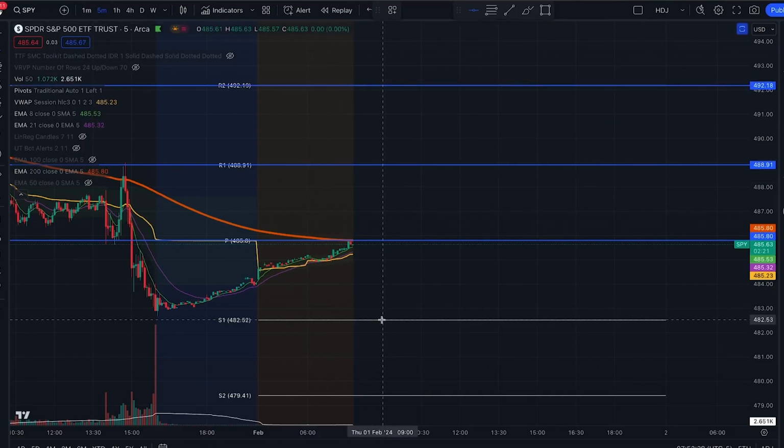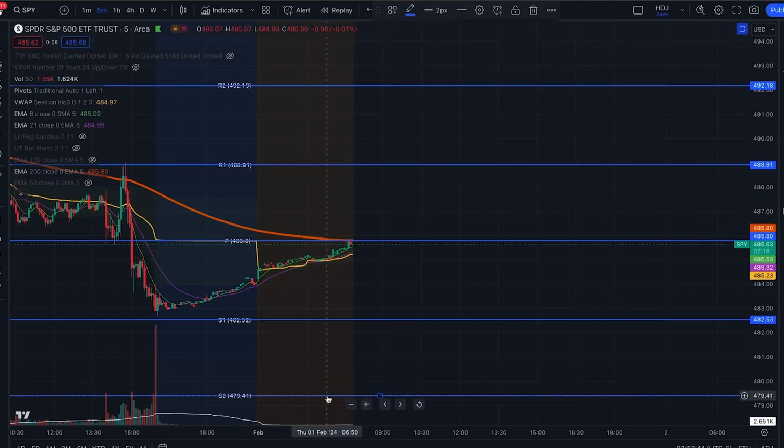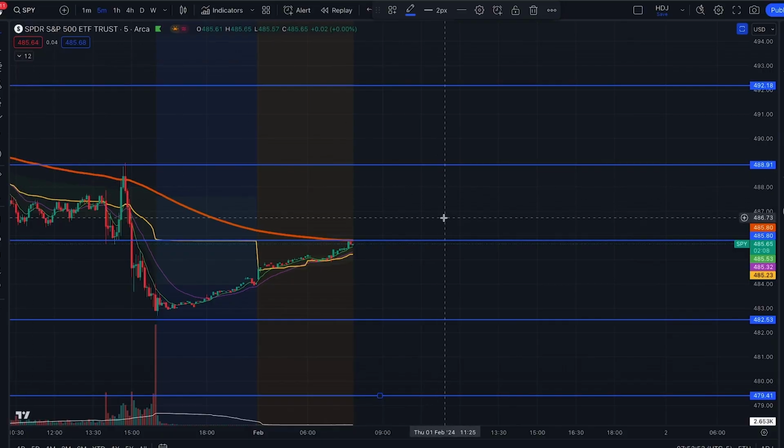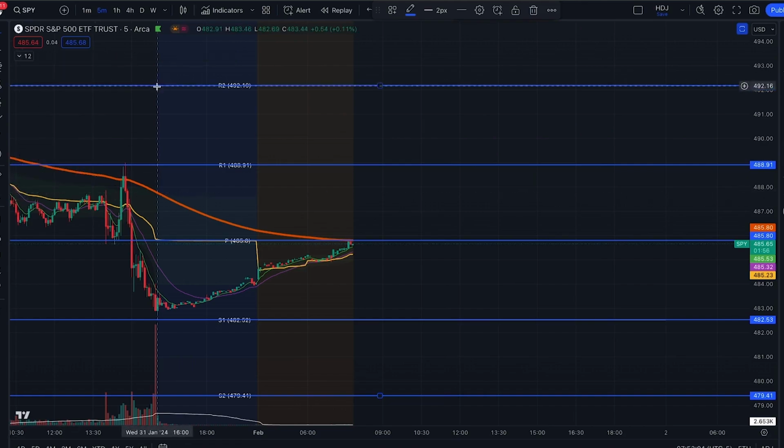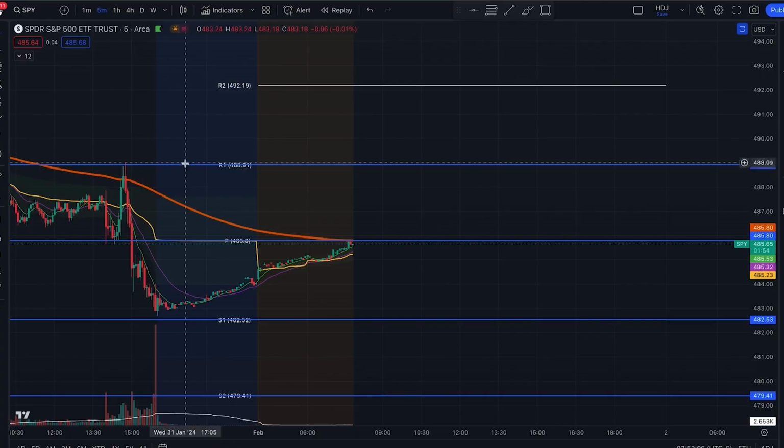Let's mark this one. And let's mark this one. And then you could turn the pivots off. You can hide it. So now you've got your pivot points marked with lines. So you can go that route, or you can just leave the pivots on. And then that way you don't have to have these lines. So visually, whatever you prefer, you can do.